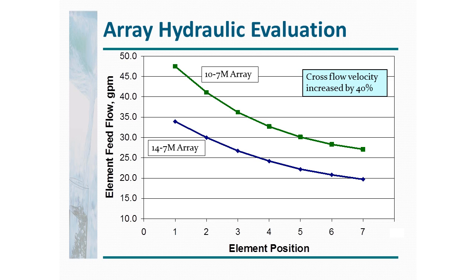The problem is when we went to this 10 to 7, we used these very high permeable membranes. And it turned out, even though we had a greater cross-flow velocity, our fluxes were so much higher that the same concentration polarization effect occurred, and we couldn't control fouling even by increasing cross-flow velocity.